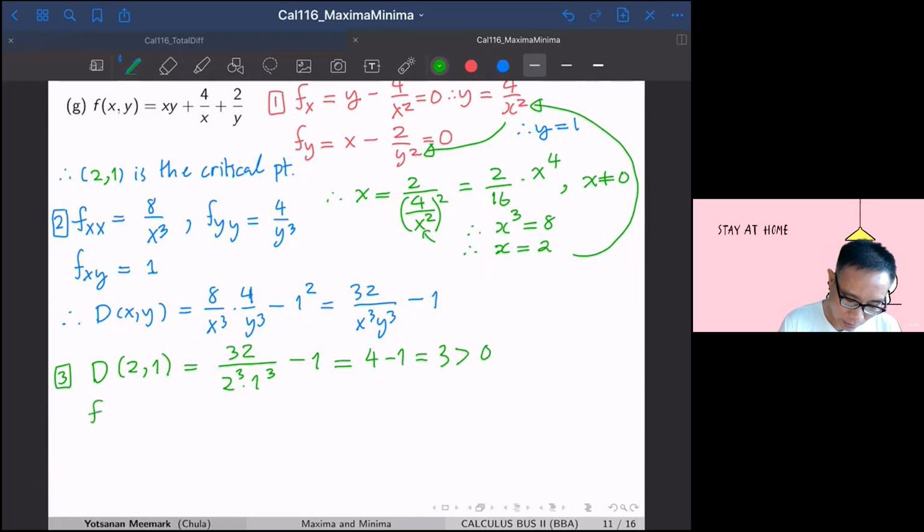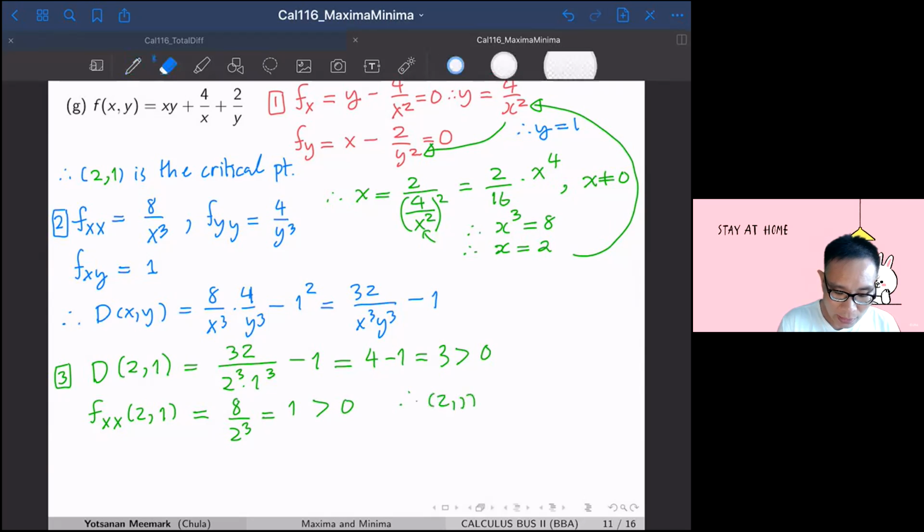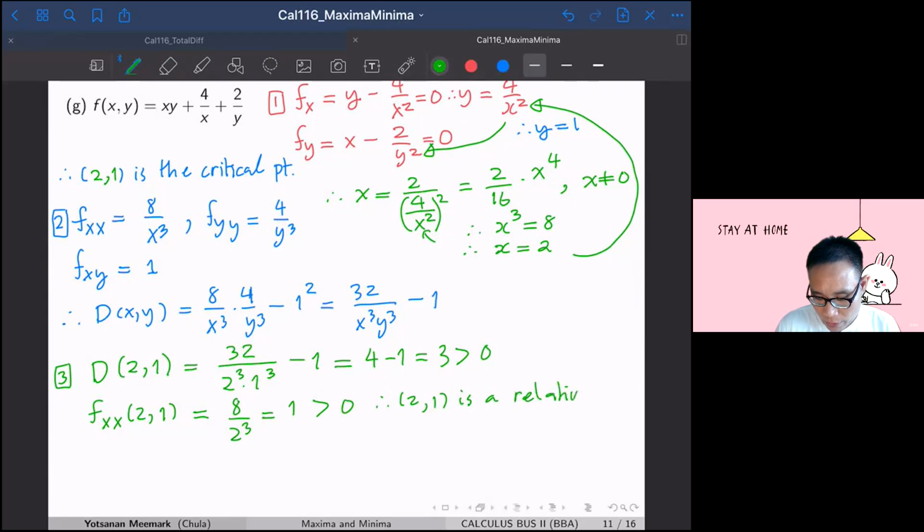And you have fxx at (2, 1) turned out to be 8 over 2 cubed equal to 1, positive also. So if you have D positive and fxx positive, you see that (2, 1) will be a relative minimum. Okay, so you have (2, 1) is a relative minimum in this case.